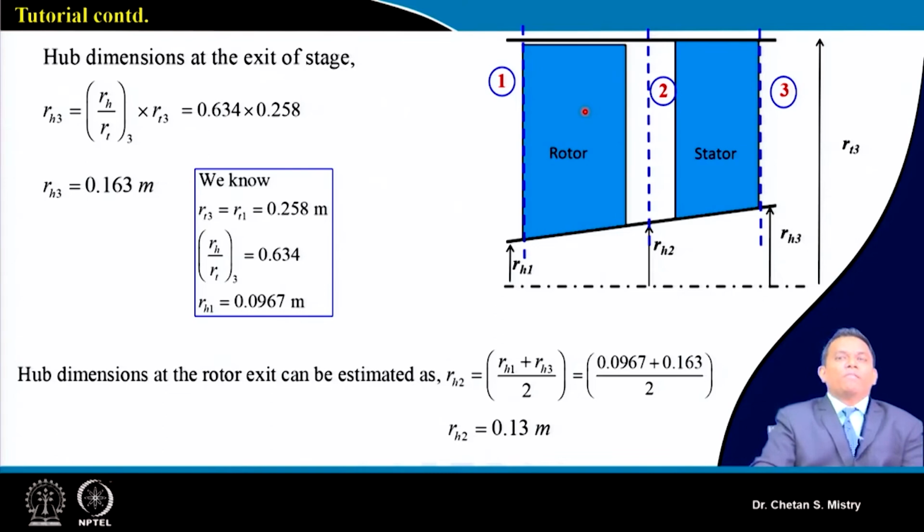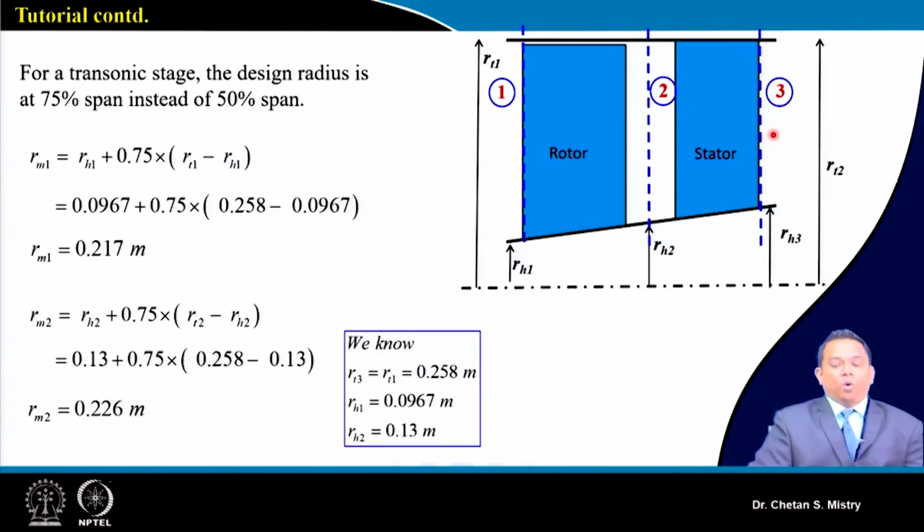So in order to simplify our whole design process, we are safely assuming at station 2 that my hub diameter is the average. Now you can say we know our radius at entry, our radius at the exit, and our radius at station 3. That is my exit. Now, once this is known to us, the very first step, as we have discussed, is to start doing calculation at the mid station.